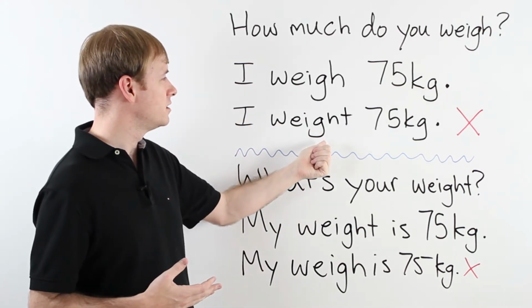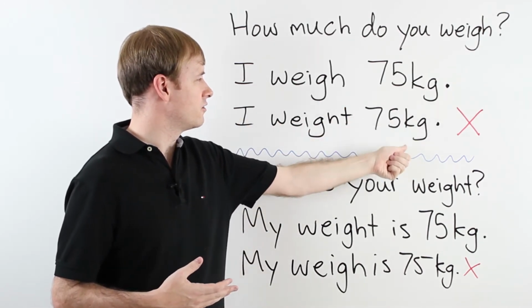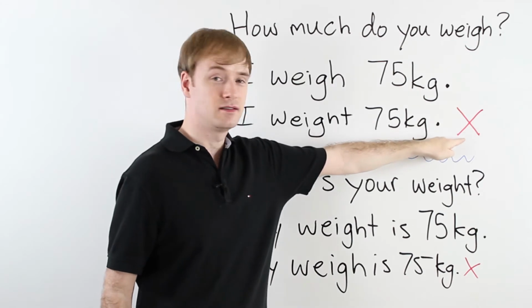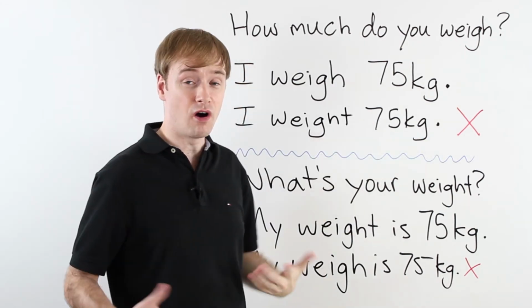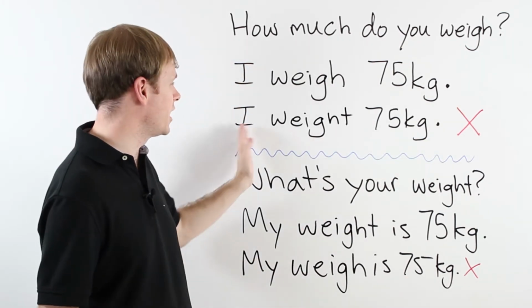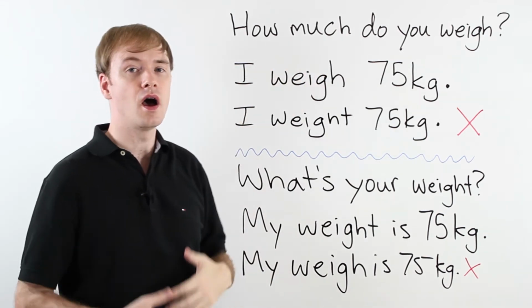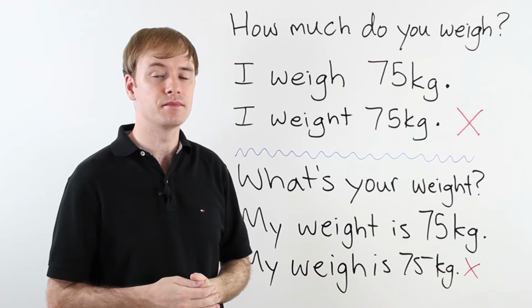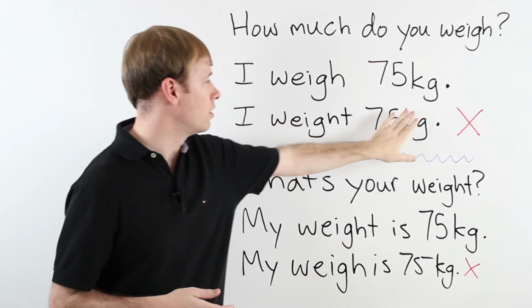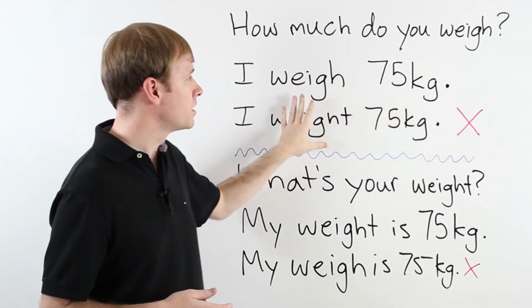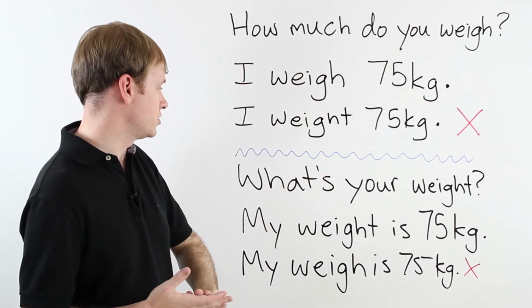I weigh 75 kilograms. Okay, you see this X? That means it's wrong. Never say I weight. This is wrong. It's I weigh. I weigh 75 kilograms. Do not say this. Let's move on to the next question.